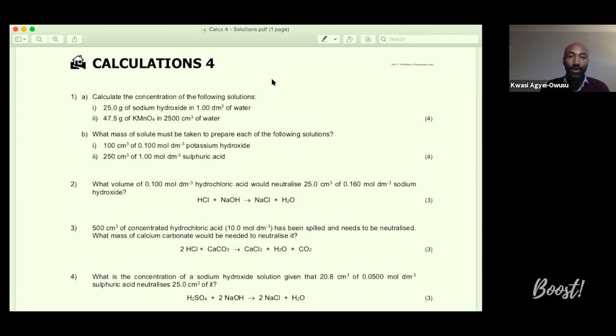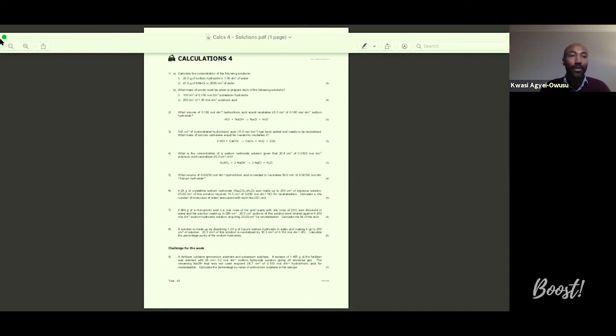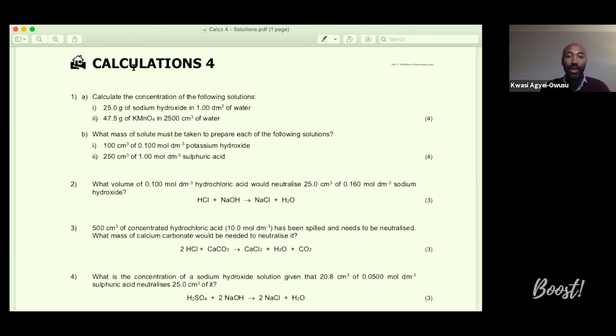Brilliant, so I've got a sheet here which shows some calculations, and quite a lot of these calculations are completely unstructured, so you do need to be able to figure out a path to the answer all by yourself. And so what we want to do is highlight the pieces of information given and match them to the correct formula in our equation.